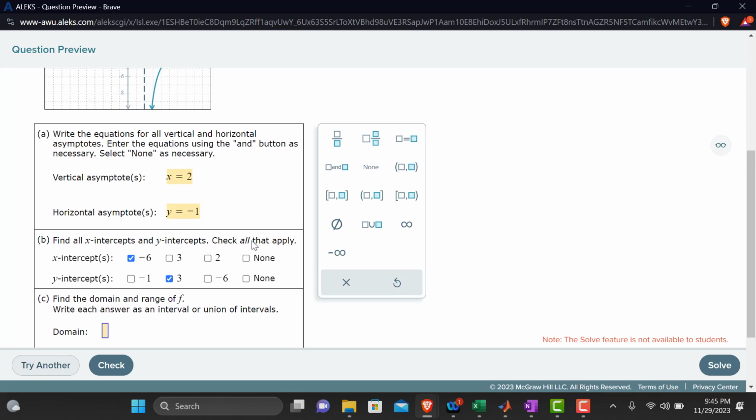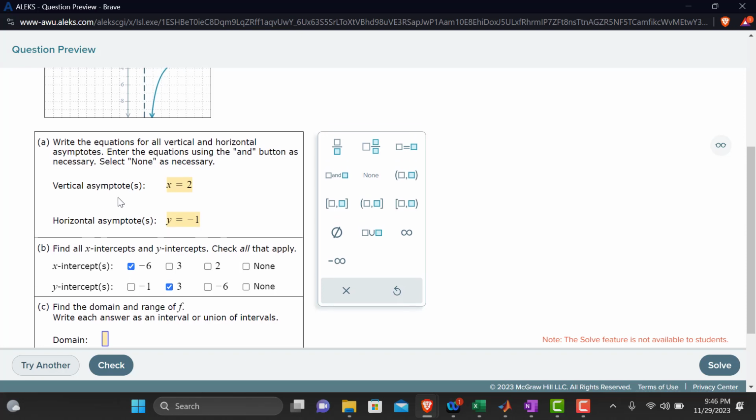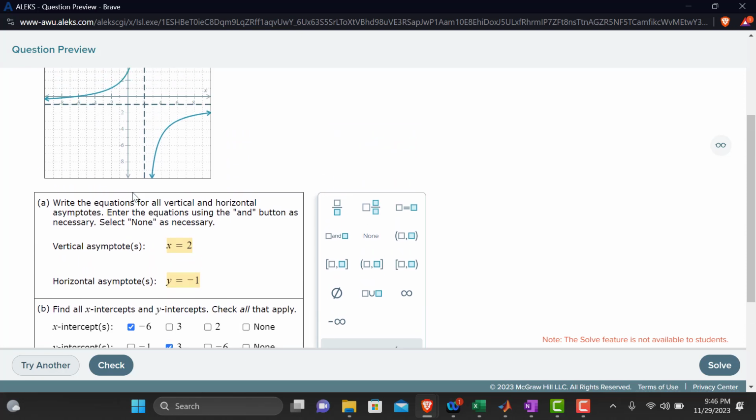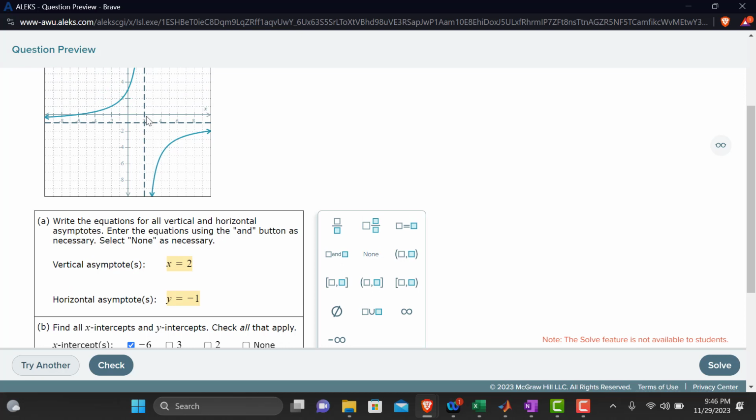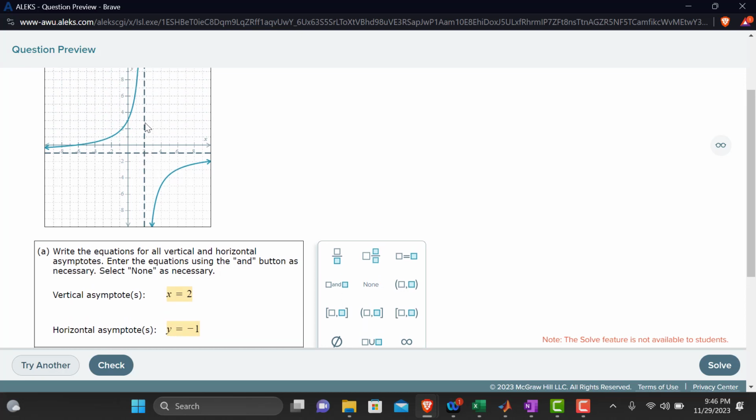And lastly, the domain. The domain and the vertical asymptote go hand in hand, right? You'll see that x equals 2, right? We cannot cross a vertical asymptote.